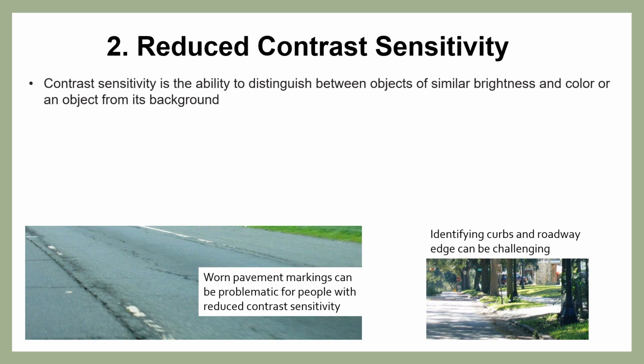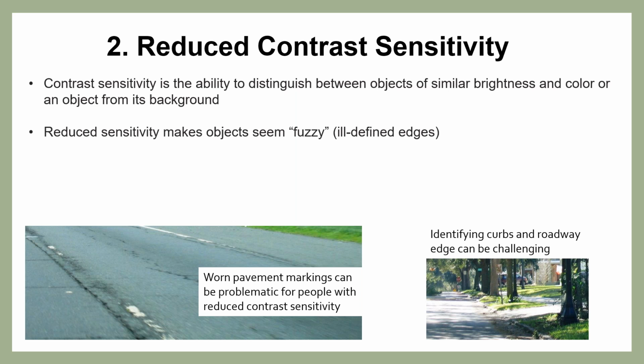So if you think about a pavement marking, a white or a yellow pavement marking on a black asphalt pavement, or a more grayish concrete pavement, the contrast between the pavement marking and the roadway color is an example of where contrast sensitivity comes into play in the driving task.